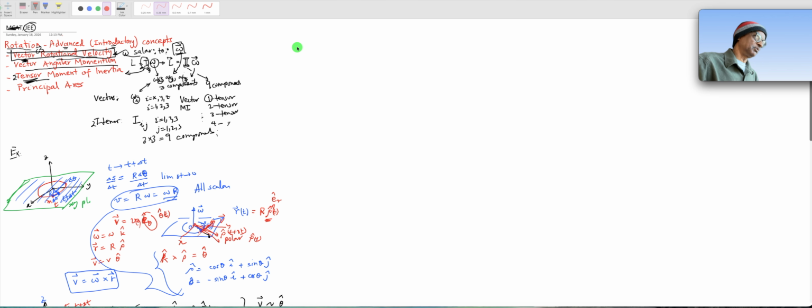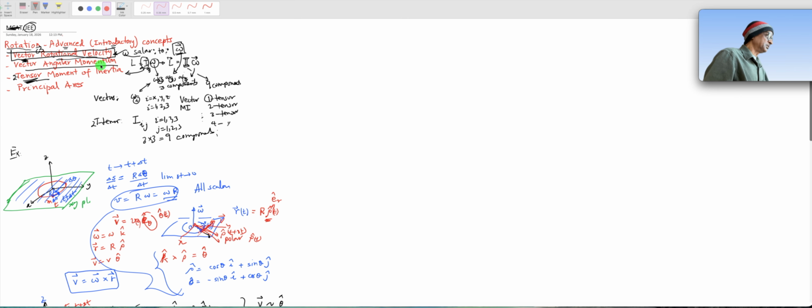Just very briefly, what we're going to do is rotation, and you can see these are concepts like rotational velocity. We're going to look at the vector and then angular momentum.